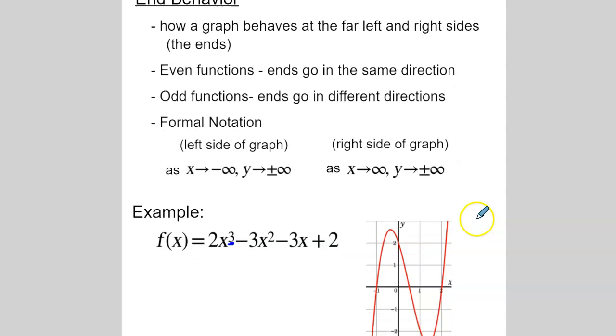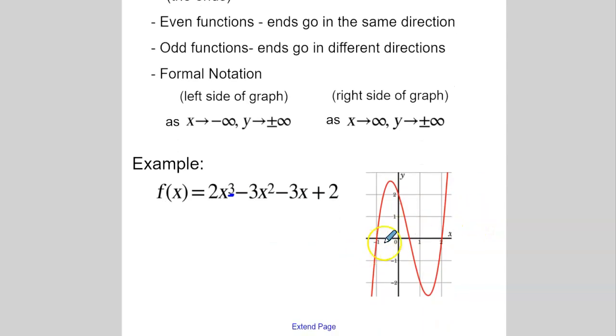When I look at the graph itself, on the left side of my graph, as x is going in that negative direction, notice my y is going in a negative direction as well. So this would give me that x is approaching negative infinity, because that's what it always is on the left side, and you would say that y is also approaching negative infinity.